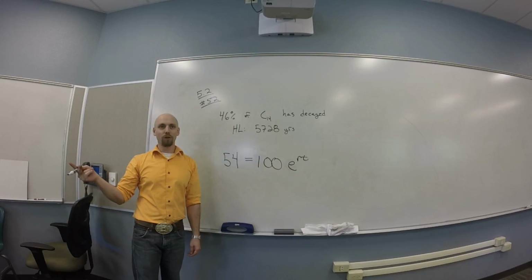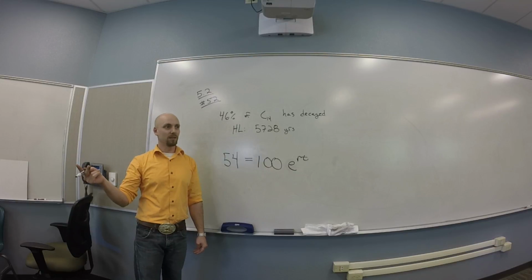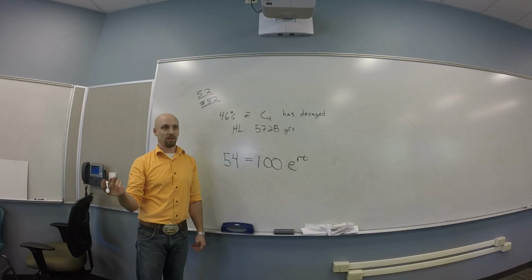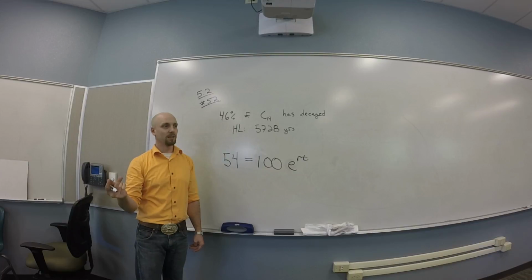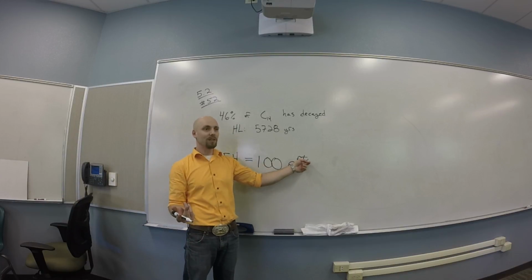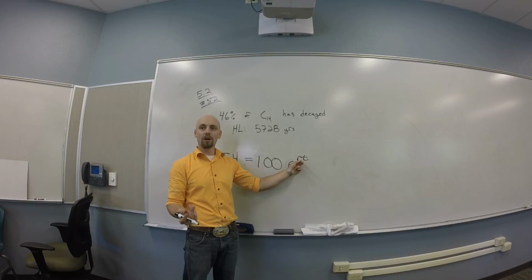Because I don't know the time or the decay rate. You guys see that? Okay, so could I go find the decay rate? Yeah, I want to find the decay rate, right? Because I know I'm not going to know the time. That's going to be the thing I have to find. But I need to know this R to start. So how am I going to find the R?